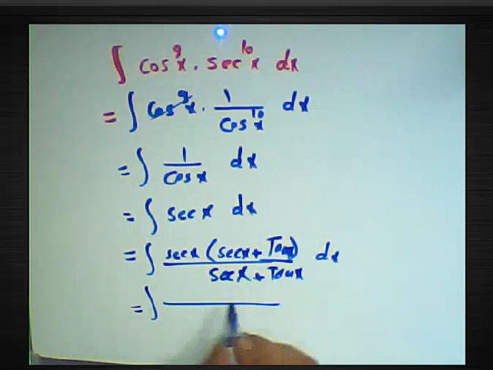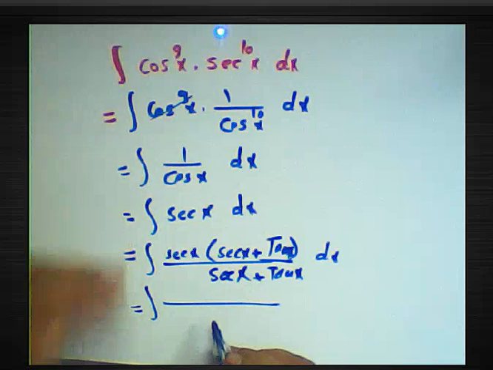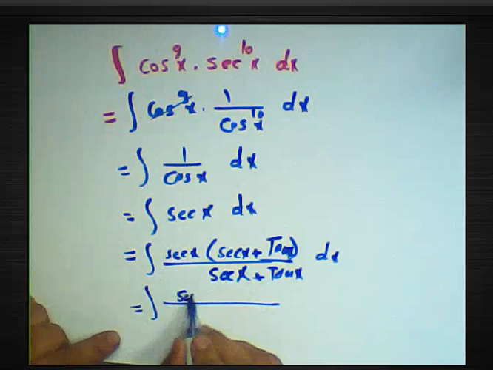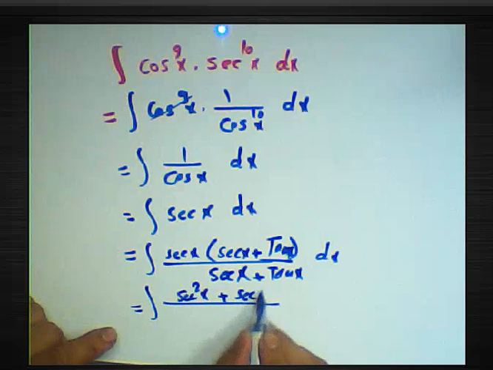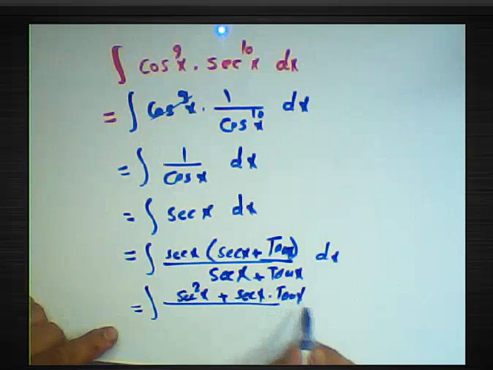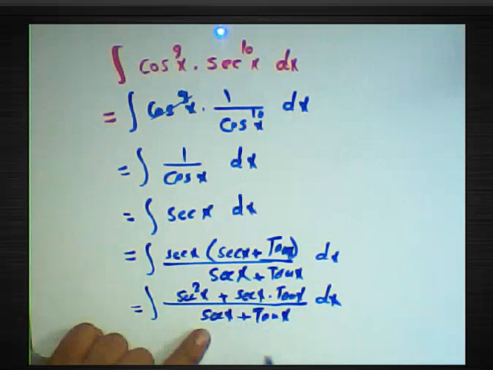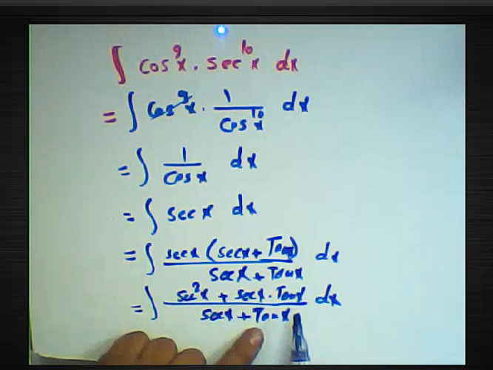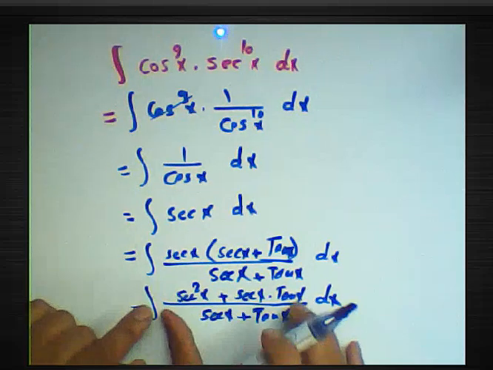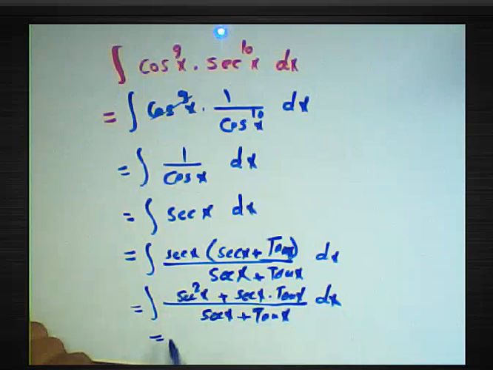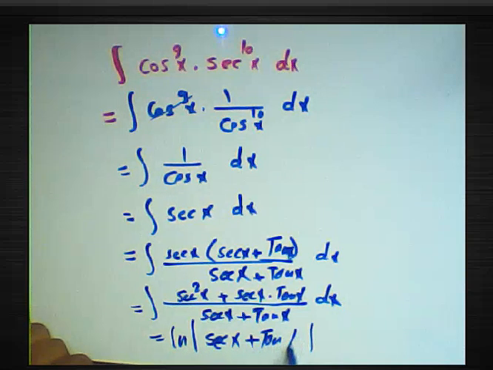To get the derivative of the denominator in the numerator, because sec times sec equals sec power 2x, plus sec x times tan x, dx over sec x plus tan of x. The derivative of sec is sec tan, and the derivative of tan is sec power 2x, so the numerator is the derivative of the denominator. Then the result will be ln of the absolute value of the denominator, sec x plus tan x, plus constant.